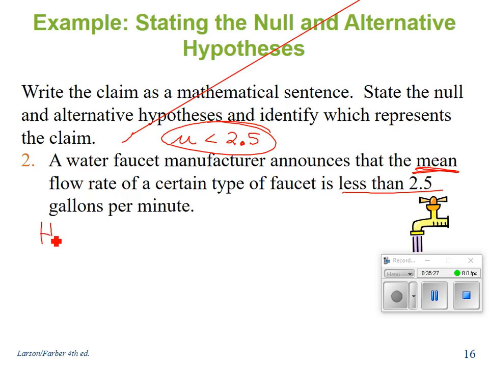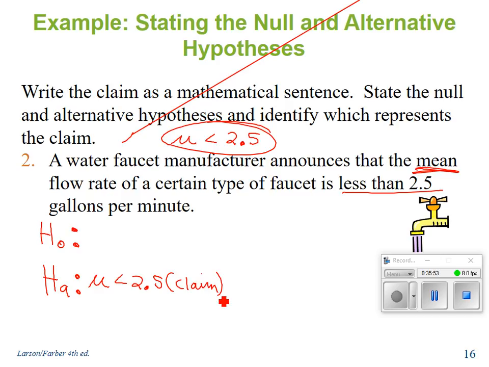We go to write our null hypothesis and our alternative hypothesis. Well, this original claim is going to be which one of these two? That's going to be the alternative this time. Mu is less than 2.5. That's the original claim.